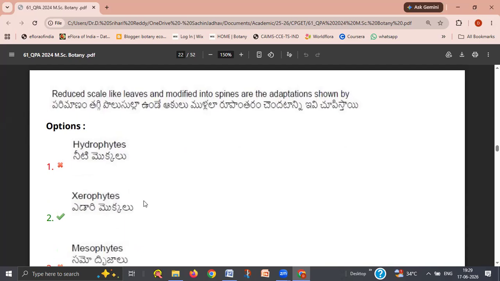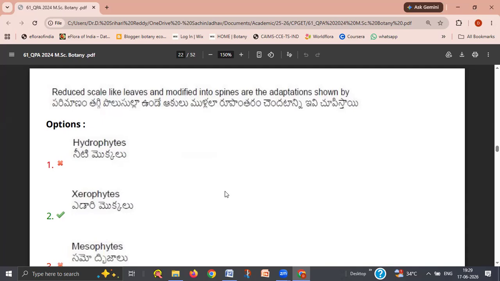It's a very easy answer. It is not hydrophytes, it is xerophytes, because due to the scarcity of water, they reduce transpiration by modification of the leaves into either scales or spines. That is the adaptation of the xerophytes.